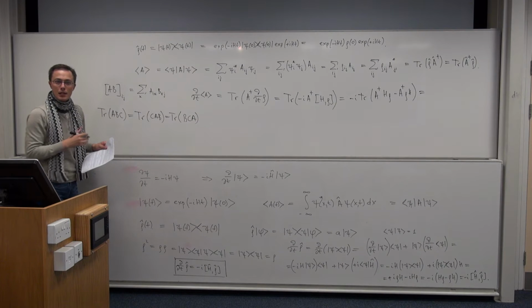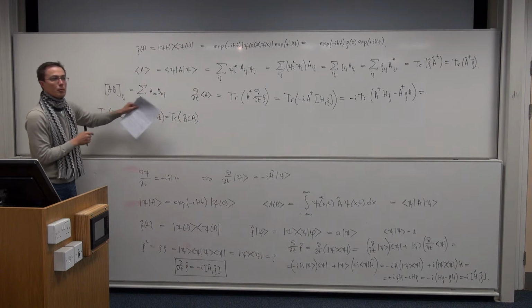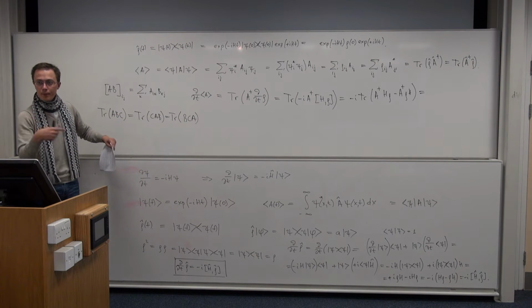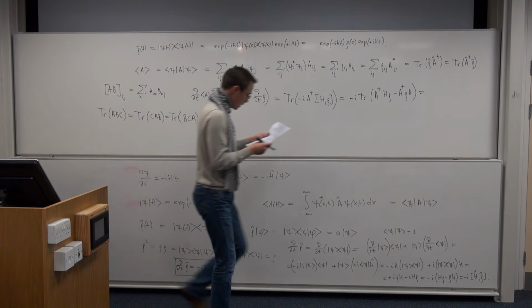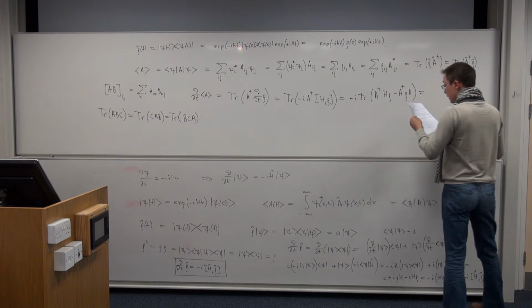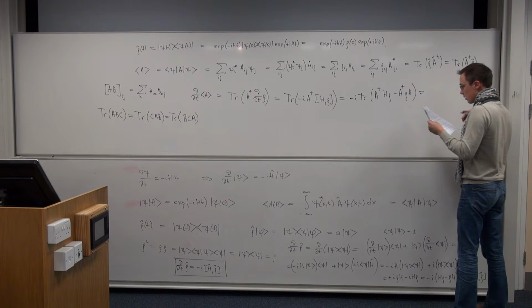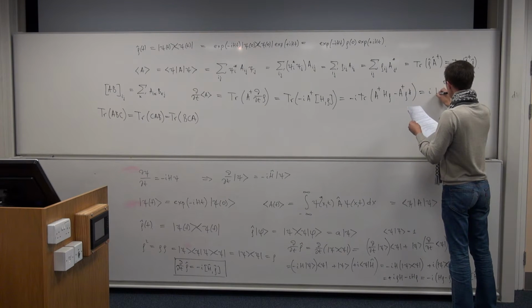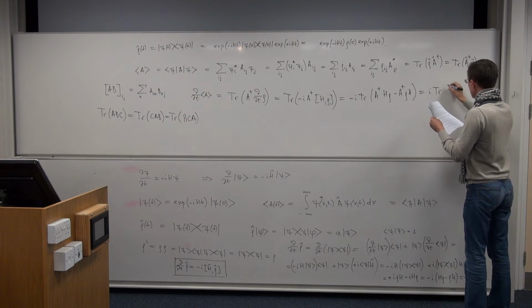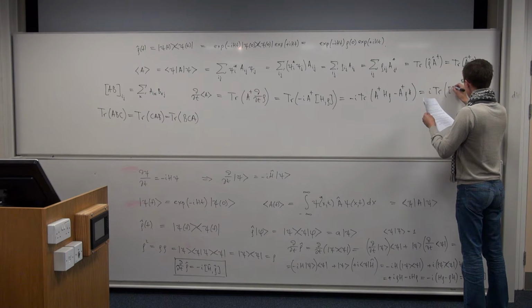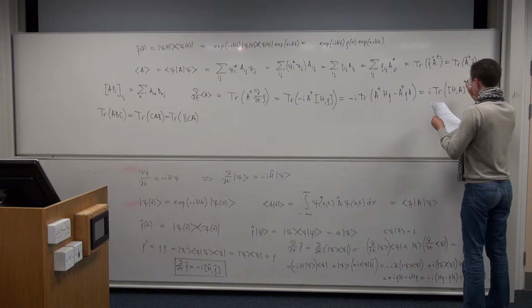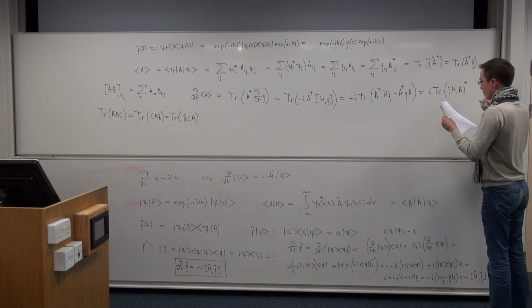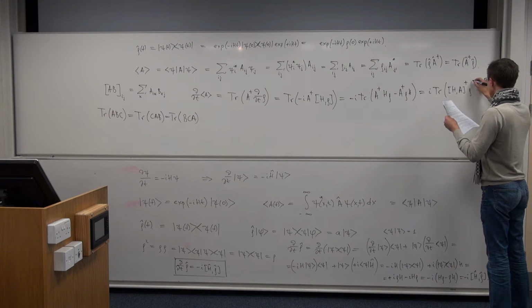You can prove it as an exercise, but that's called cyclic permutation under the trace, that you can rotate products around. So taking i out of the bracket and a few other things, we'll get i trace of the commutator of H and A Hermitian conjugate times rho.